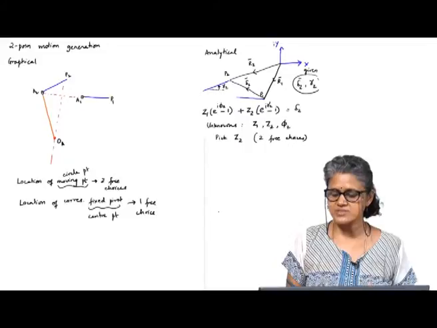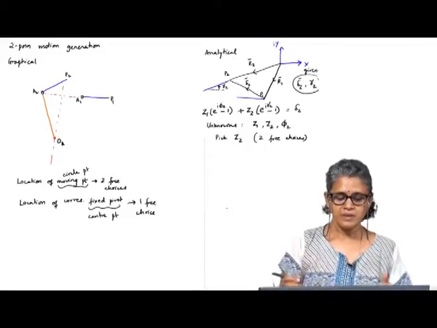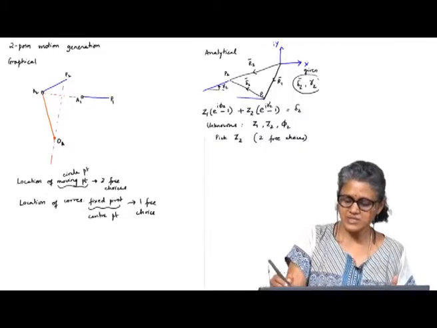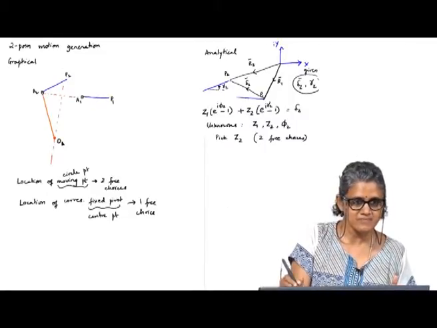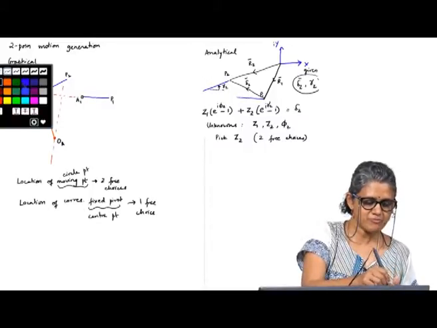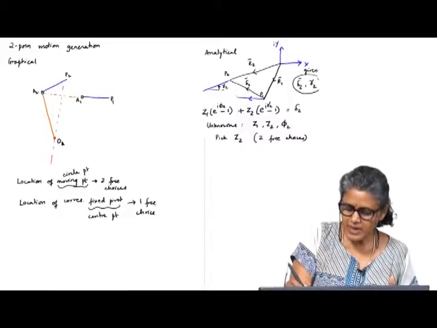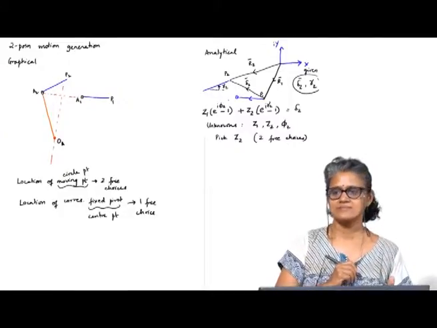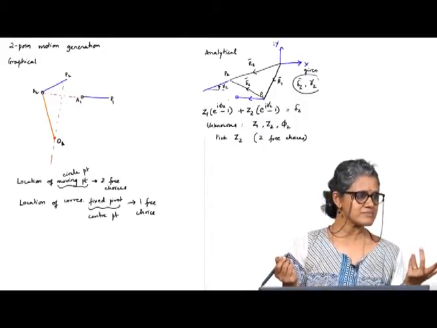So what is Z2 here? Z2 is essentially this vector here. So, if I pick Z2, I am locating this circle point or moving pivot.